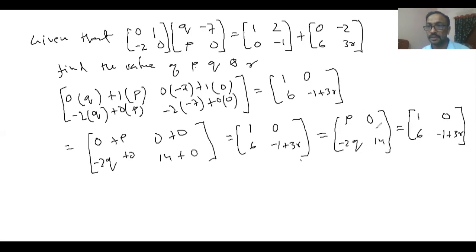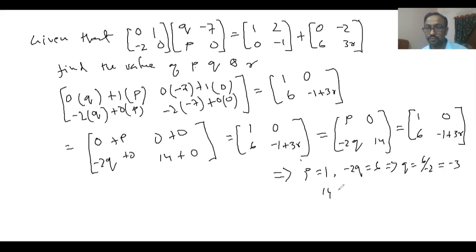Right? Now, when two matrices are equal, we can compare their values. P will be equal to 1. And minus 2q should be equal to 6. Then the value of q will be simply 6 divided by minus 2 is equal to minus 3, right?